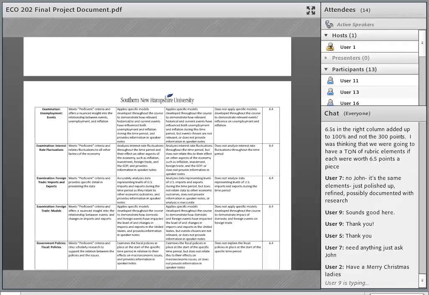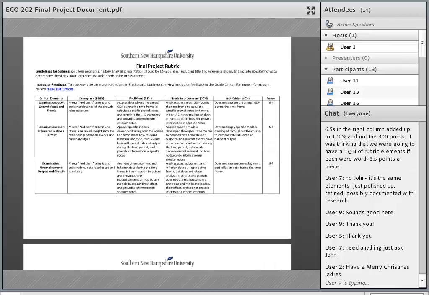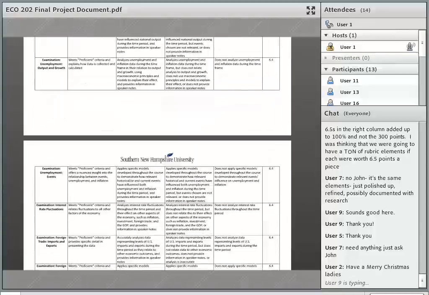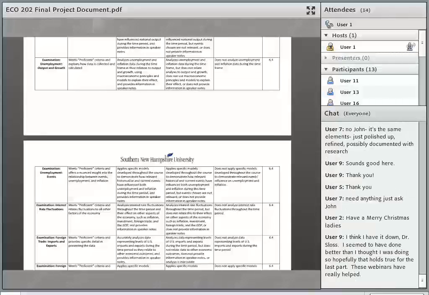I want to go over your rubric, and I also want to go over the guide itself for ECO 202, because there's a couple things that we like to focus on in this final project webinar. The first is, of course, for you guys specifically in ECO 202, the fact that you've got 4 new critical elements that you didn't do in any of your milestones. They're brand new for the final.